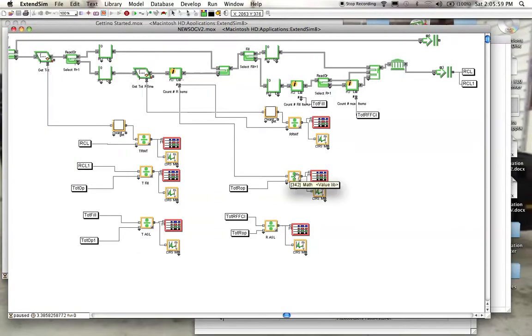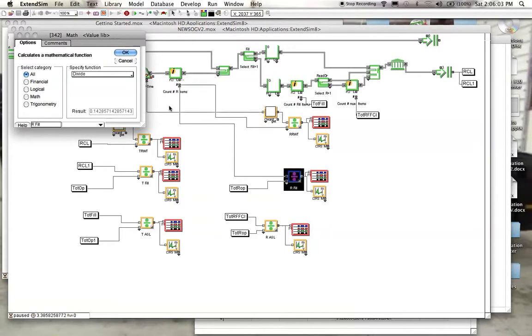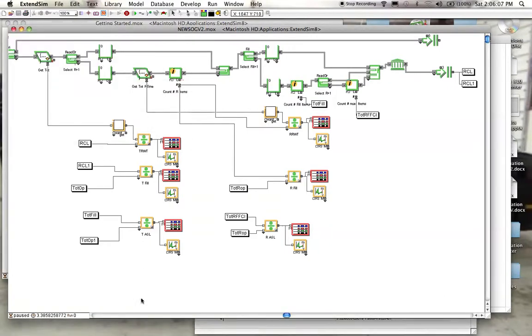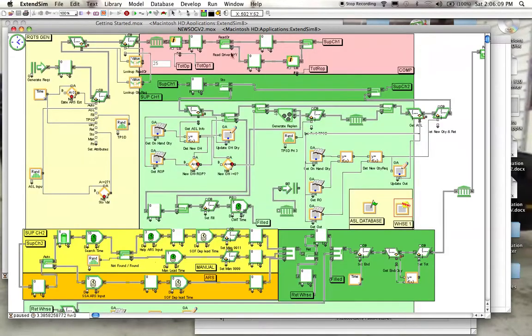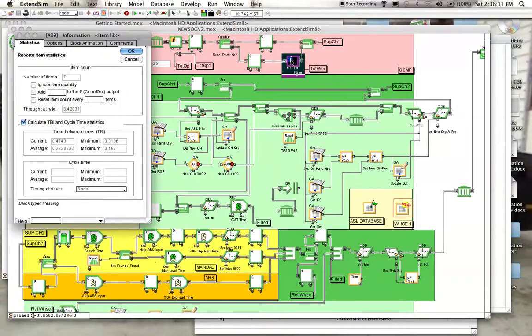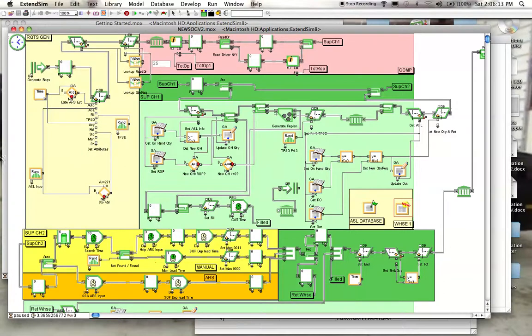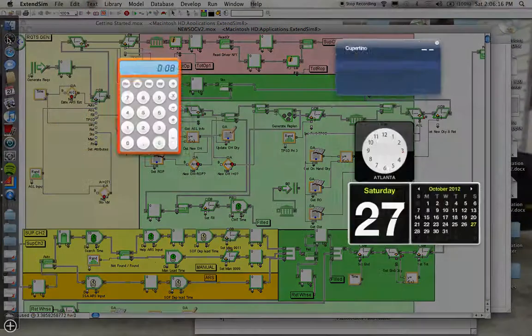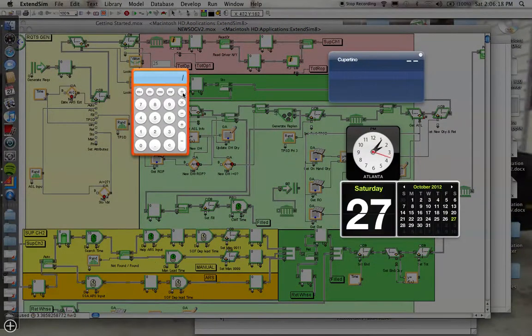That's going to be 1 divided by this value, which is 7. .142.